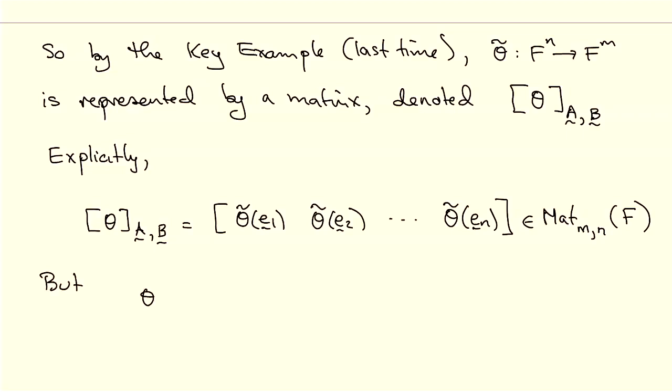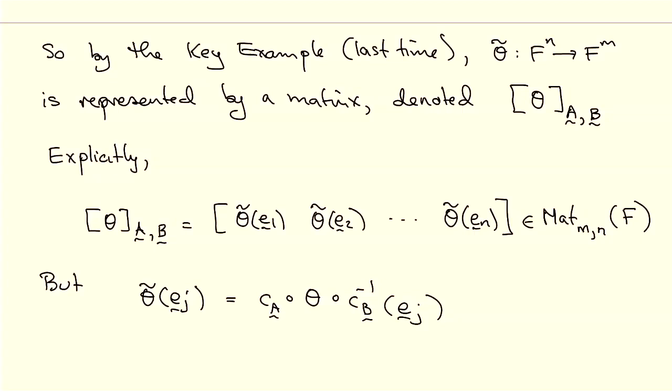But theta twiddle of the jth standard basis vector is by definition none other than CA composed with theta composed with CB inverse of the standard basis vector. What does CB inverse do to the standard basis vector? Well, remember CB was mapping our basis B to the standard basis.